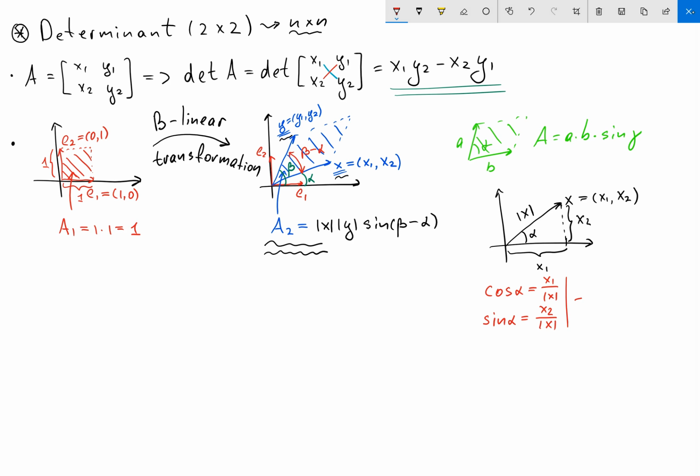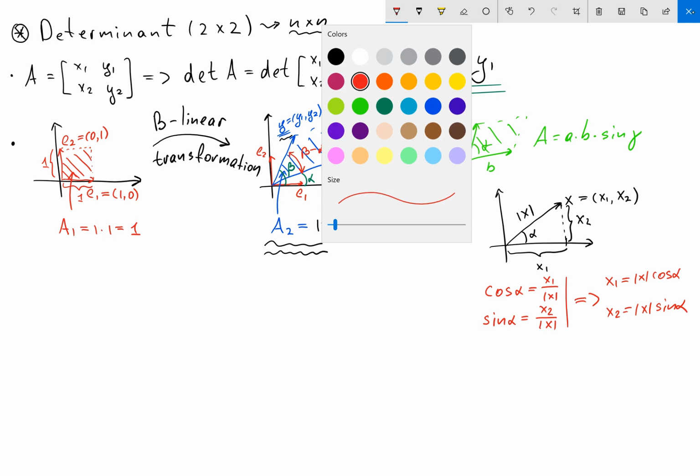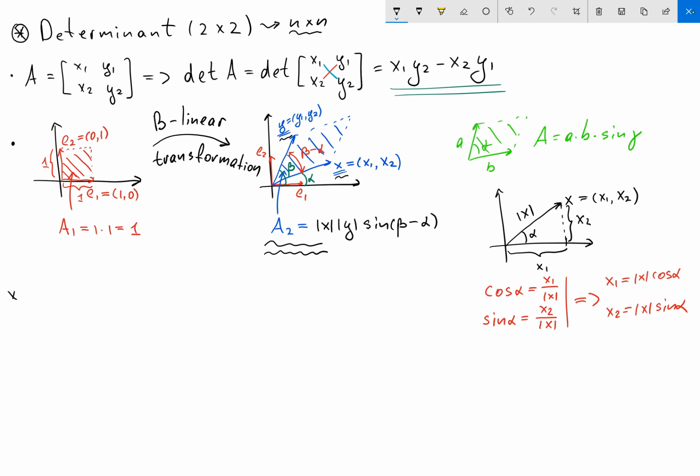So from here I can express my x1 to be equal to absolute value of x times cosine alpha, and my x2 to be equal to absolute value of x times sine alpha. And what is the coolest part? The coolest part is that right now we can express our vector x as x1, x2 equals the following.